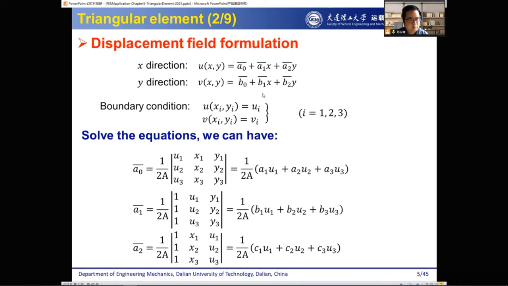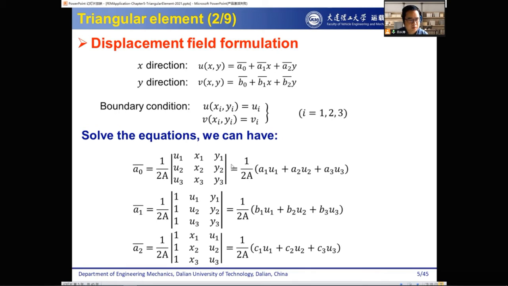Then we introduce the boundary condition, because we assume the displacement at the node is known. We introduce the boundary condition and we solve the equations. This is mathematics.